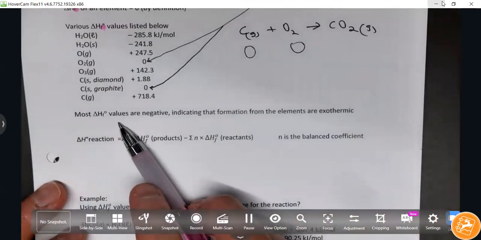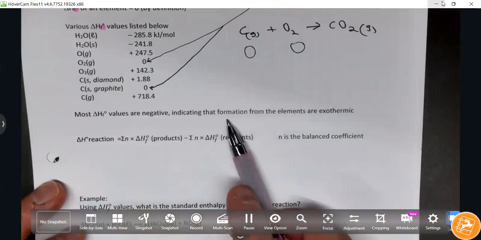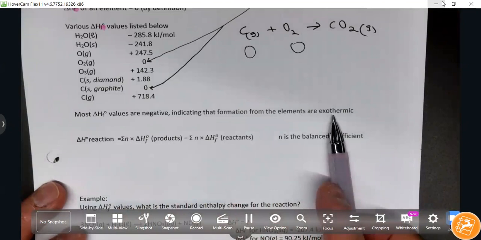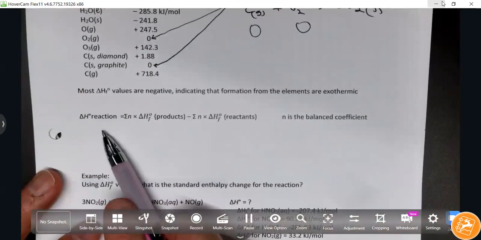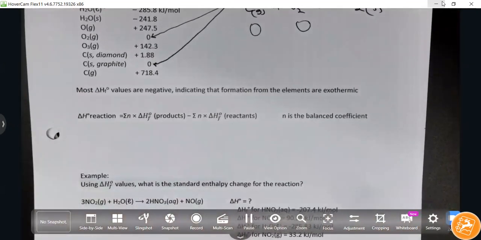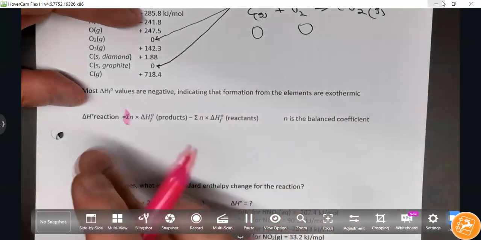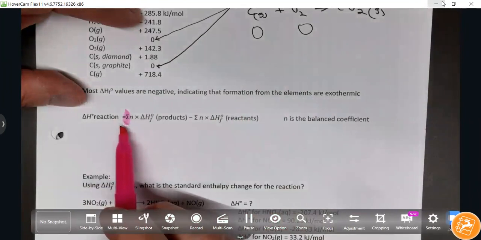Now, most enthalpy of formation values are negative, indicating that formation from the elements is exothermic. So how do we do this? This is a mathematical summation sign.